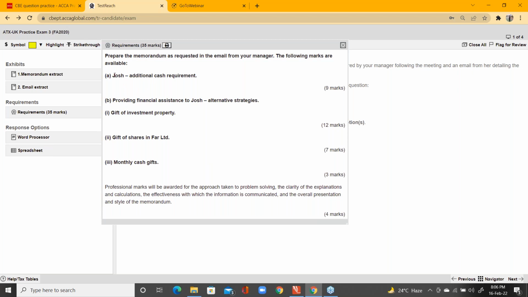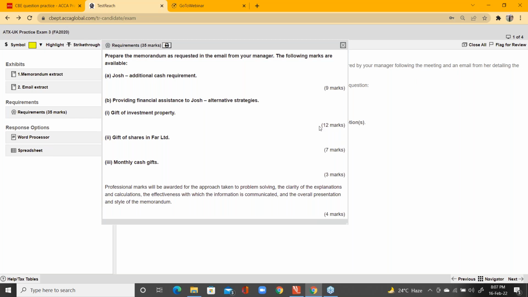Prepare requirement A, Josh's additional cash requirement, for 9 marks. B, providing financial assistance to Josh, and there are 3 alternative strategies. What are those strategies? How can the financial assistance be provided to Josh? There could be a gift of investment property.